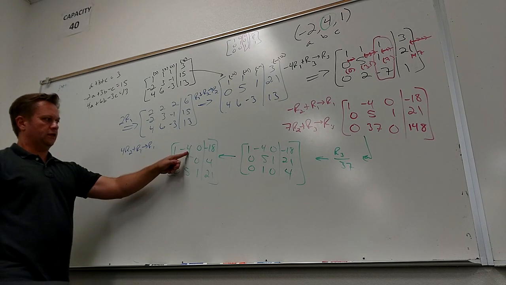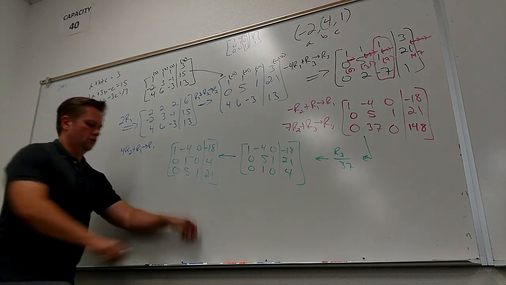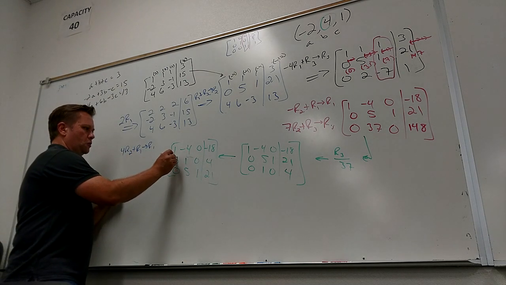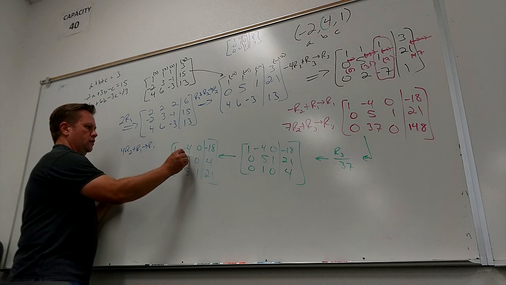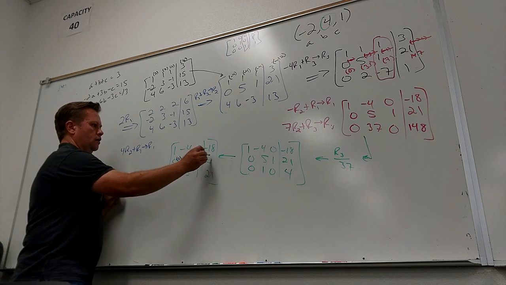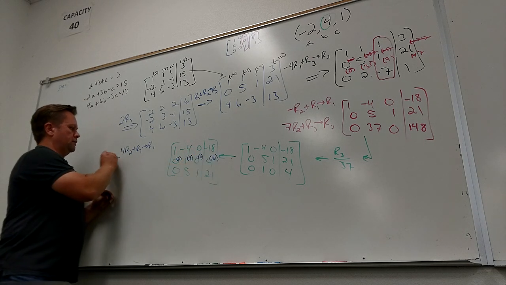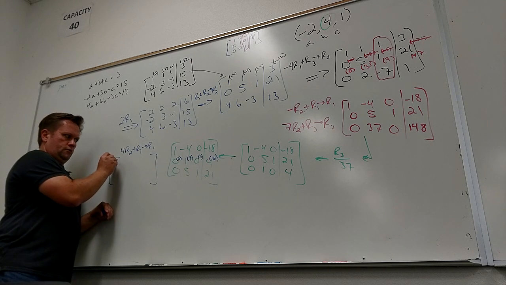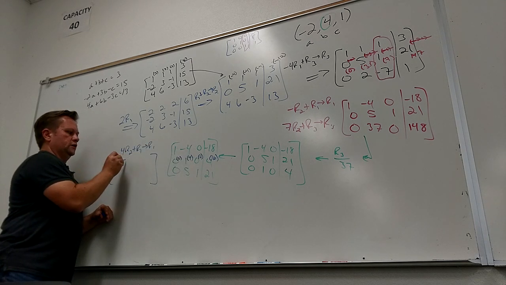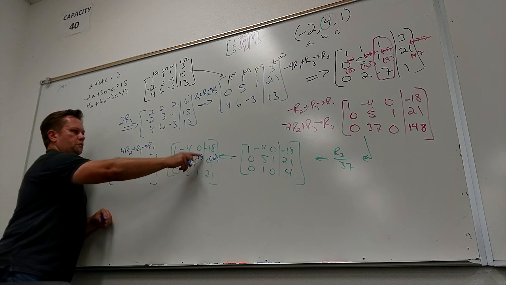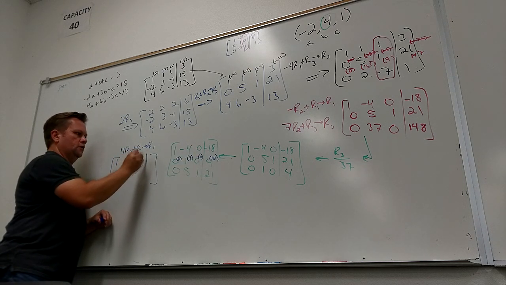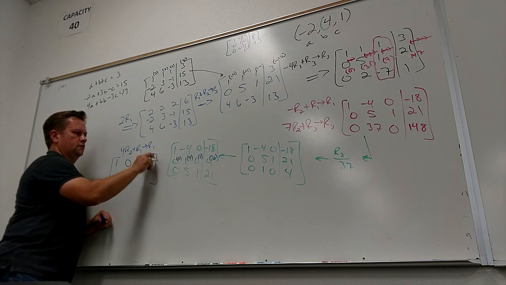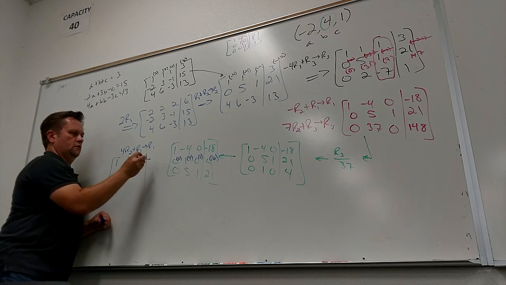Because you want to use that one to kill that -4. So if I multiply that middle row by 4, what happens when I add those together? 0 plus 1 is 1. 4 minus 4 is 0, plus 0 is 0. And 16 minus 18 is -2.